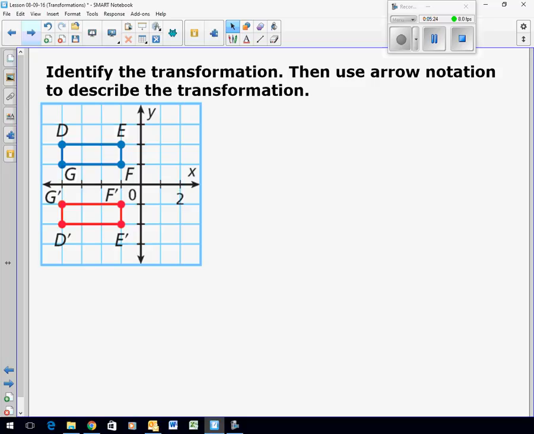What about the points? If it's a reflection, you see how DE is at the top of this rectangle? It'll flip and now be at the bottom of the rectangle. A translation would merely shift down. Okay? That's the difference. Do I get that?